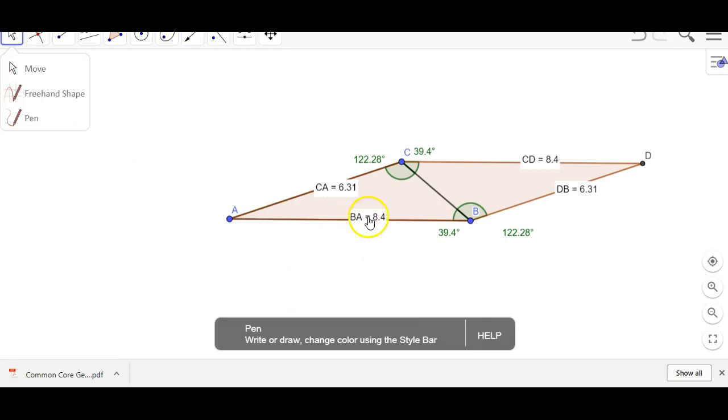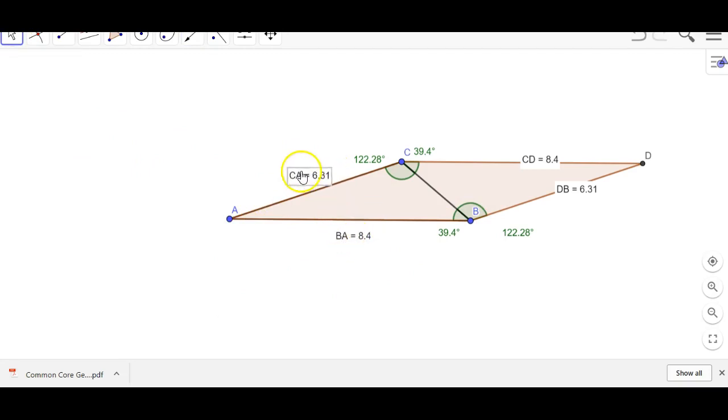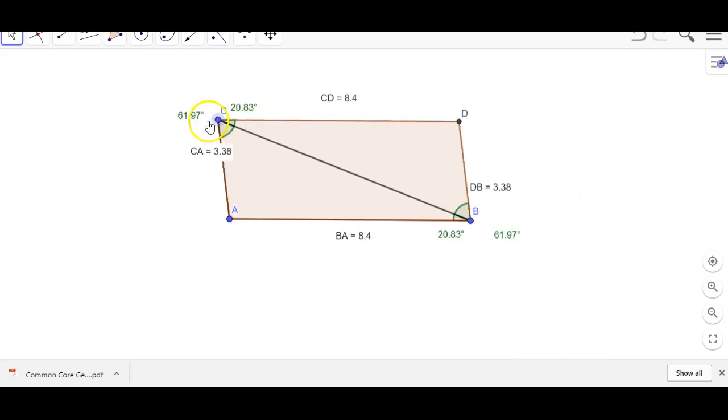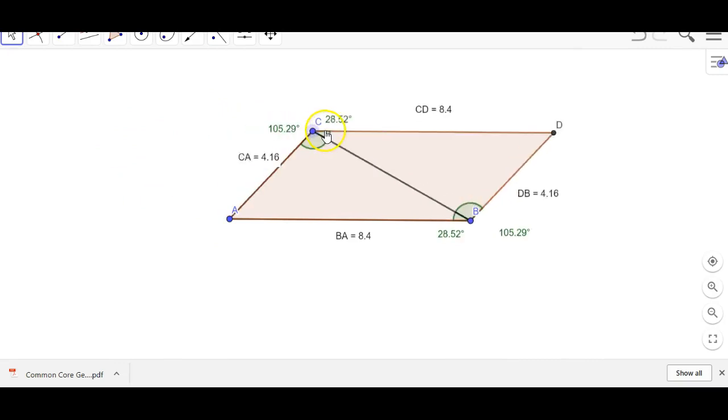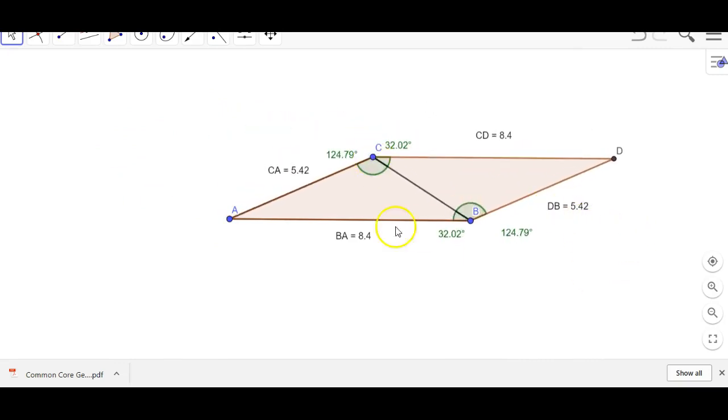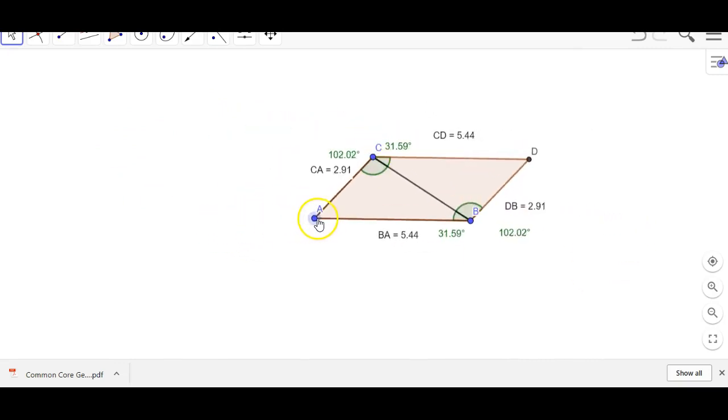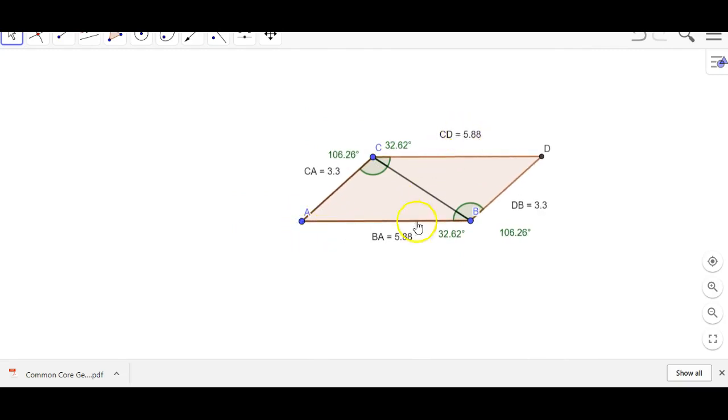Okay? And I can see that information is true and remains true even if we change the parallelogram. Those measurements always stay the same. They're always congruent opposite sides. So we just proved opposite sides have to be congruent because we have two triangles that are congruent.